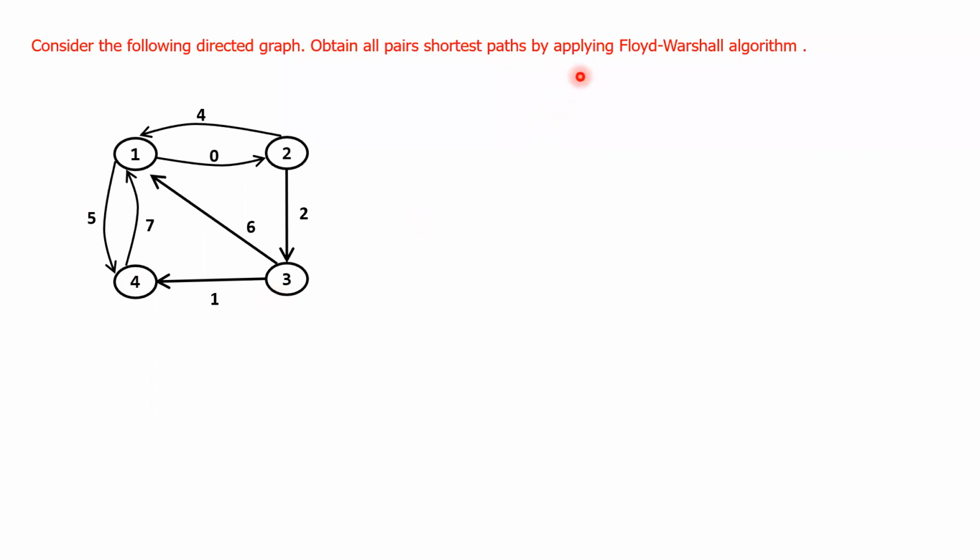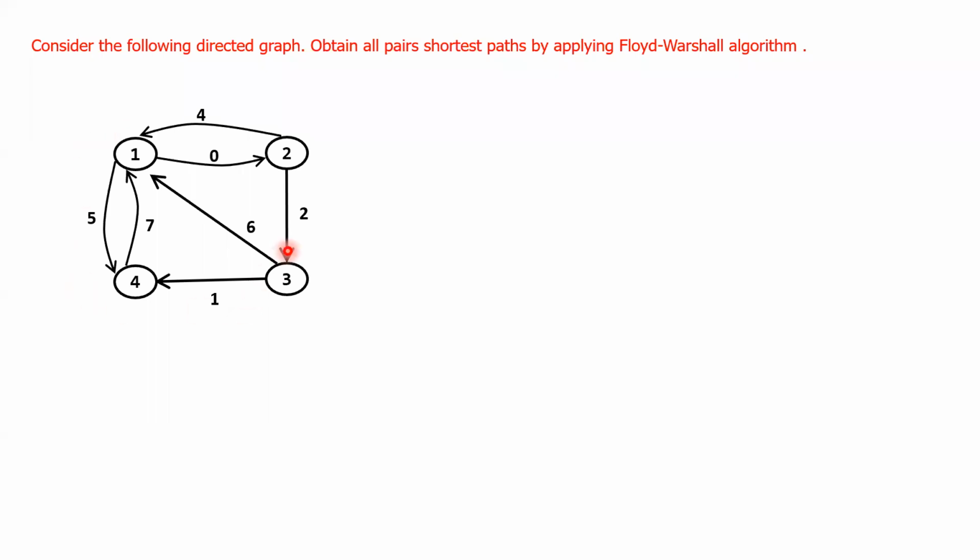And the problem given is you have to apply the Floyd-Warshall algorithm to obtain all pairs shortest paths. The solution will be in the form of an n by n matrix. Now, this is the given graph.